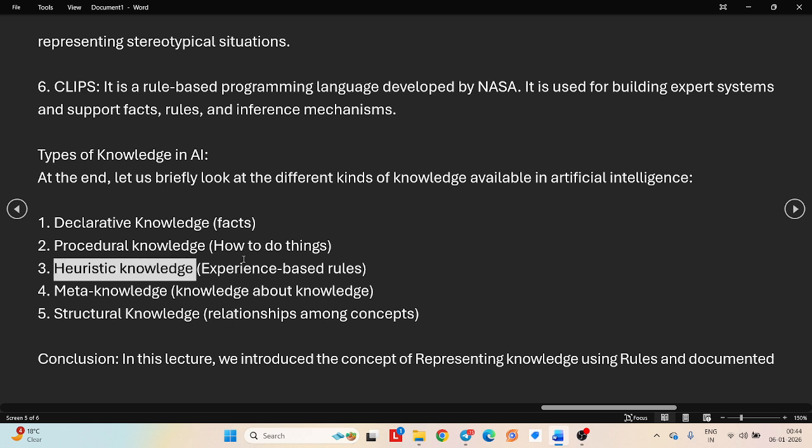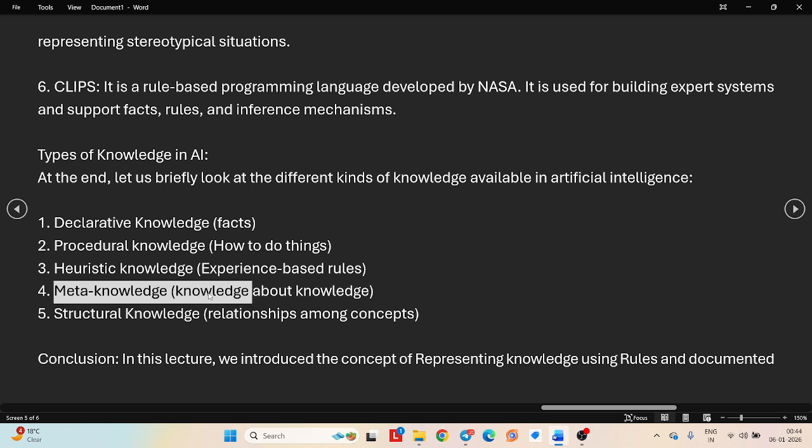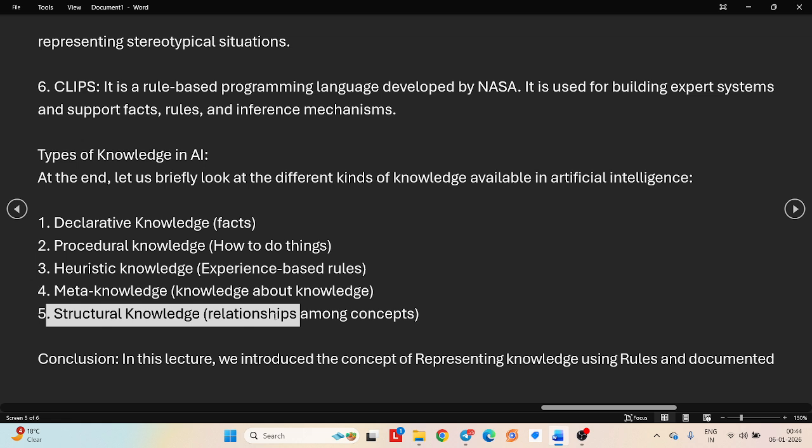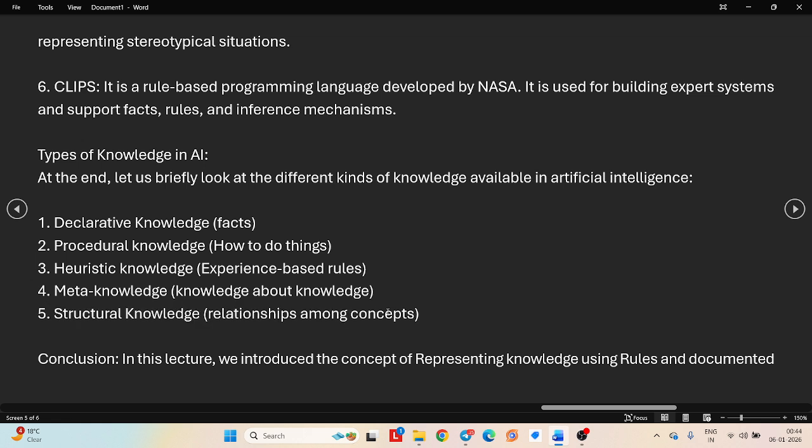Heuristic knowledge takes experience from past cycles done in the process. Then meta knowledge is knowledge about knowledge. Then structural knowledge covers relations among concepts.